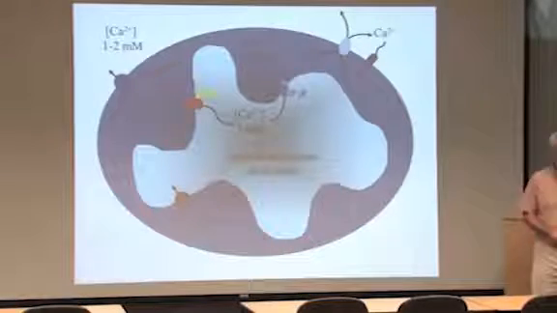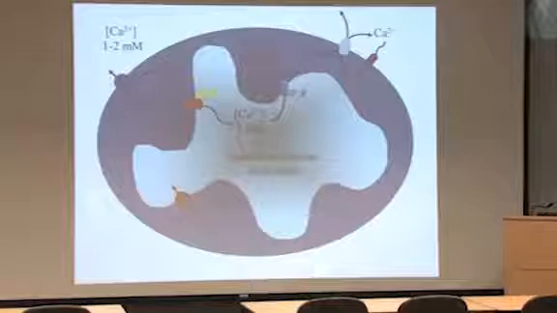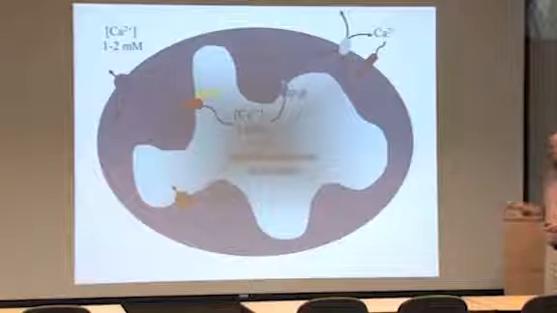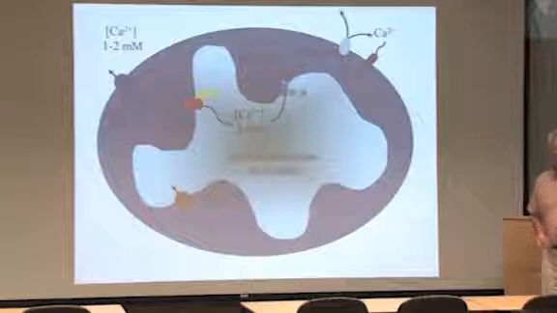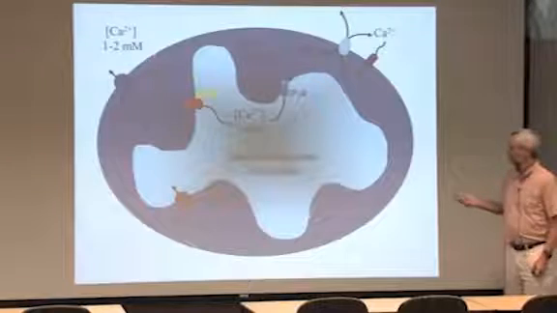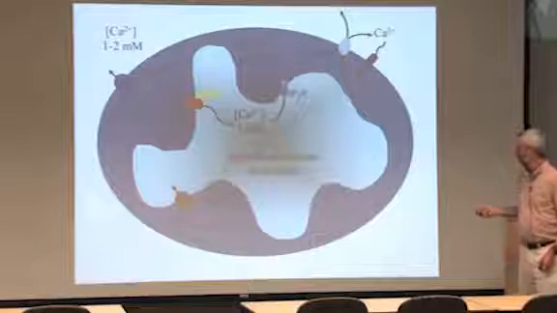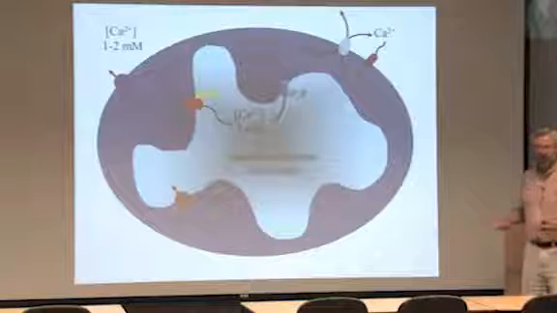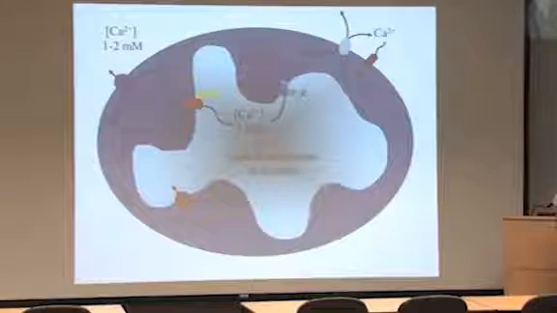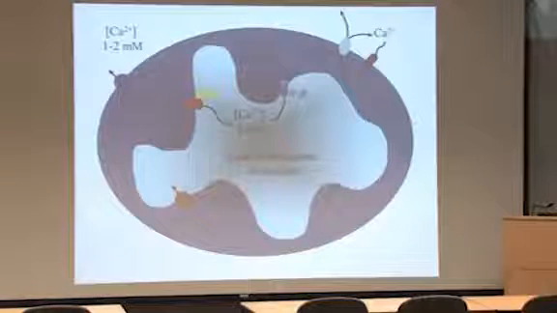I think as most of you know, cells maintain intracellular calcium concentrations at quite low levels, somewhere around 50 to 100 nanomolar. That's in spite of the fact that extracellular calcium is in the millimolar range, and most cells have a calcium storage organelle, usually the endoplasmic reticulum if you're not an excitable cell, or the sarcoplasmic reticulum if you're a muscle cell.